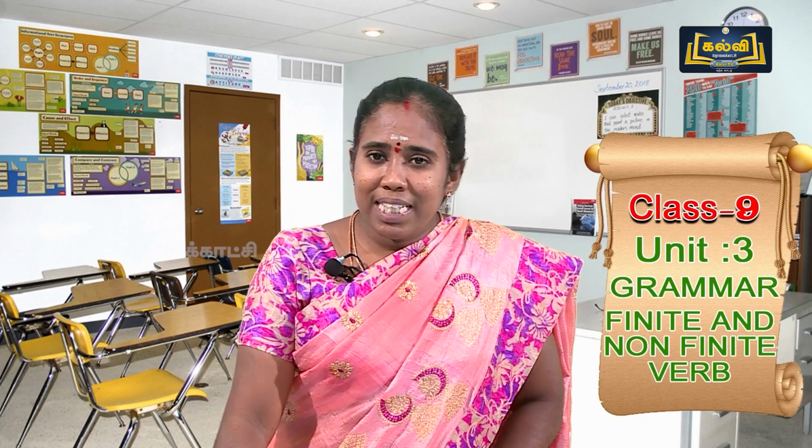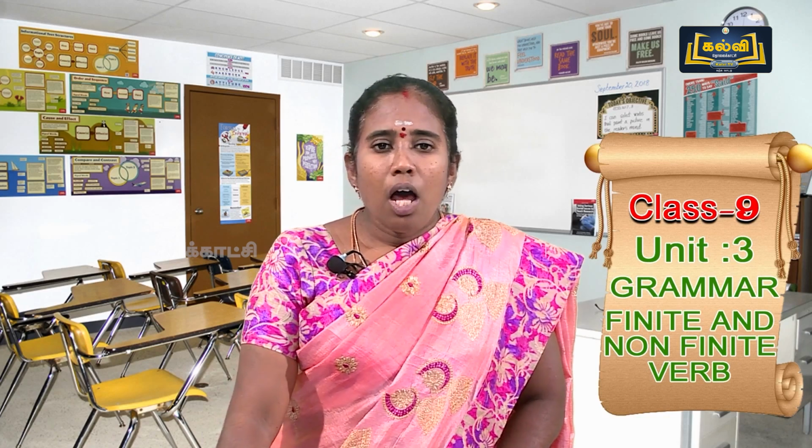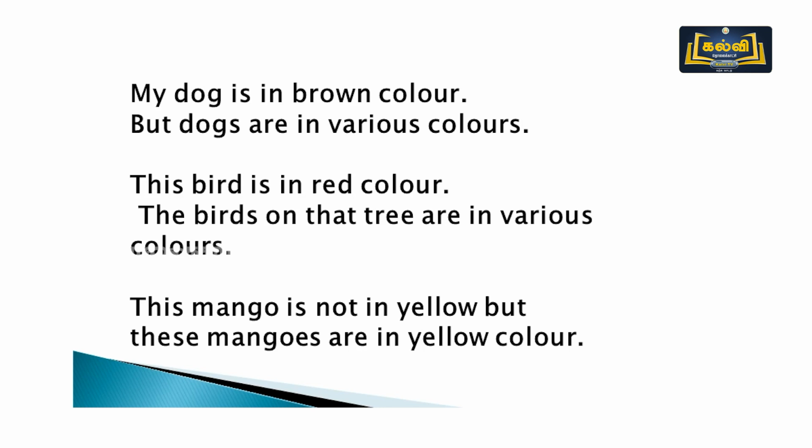My dog is in brown color, but dogs are in various colors. This bird is in red color. The birds on that tree are in various colors. This mango is not yellow, but these mangoes are in yellow colors.